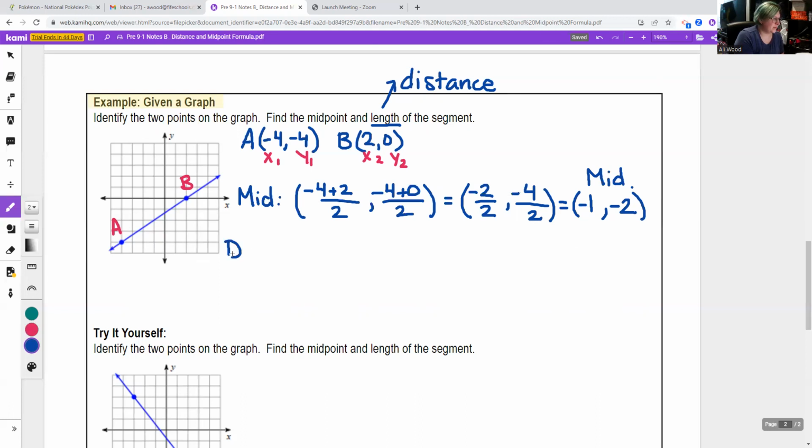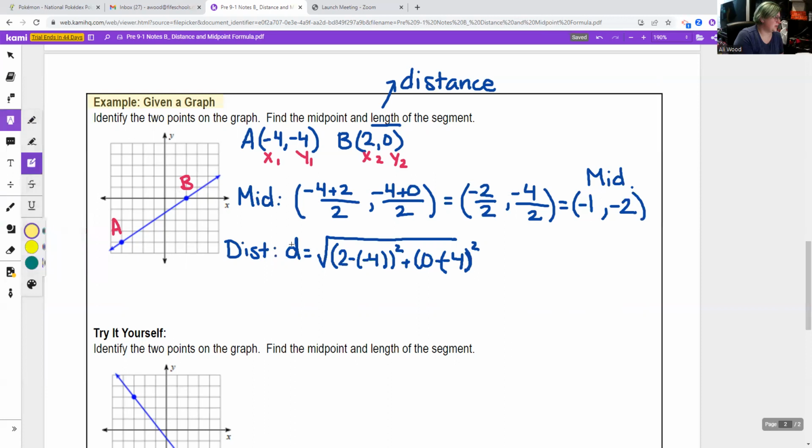We're now going to find distance. So D is equal to the square root of (2 minus -4) squared plus (0 minus -4) squared. Ooh, forgot some parentheses. Again, I'm going to simplify underneath.